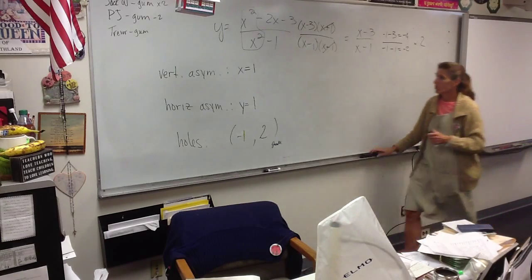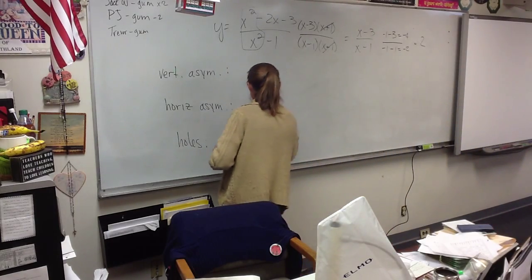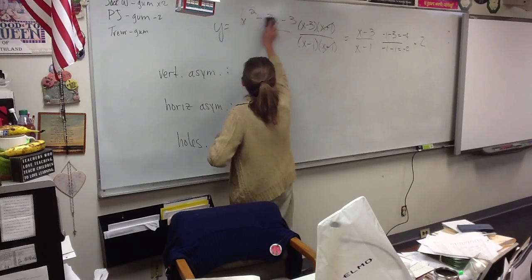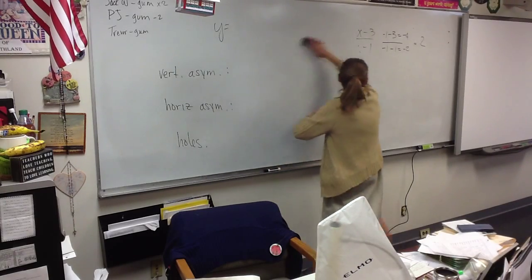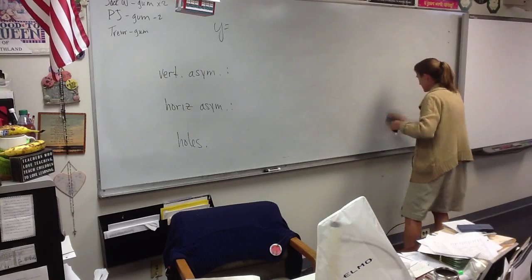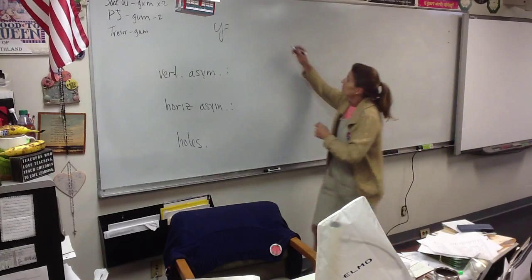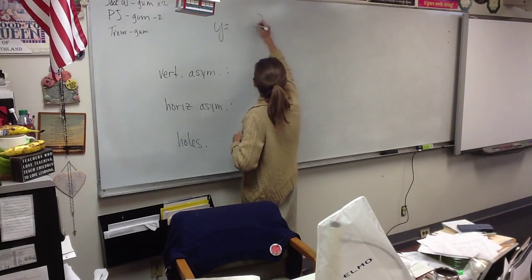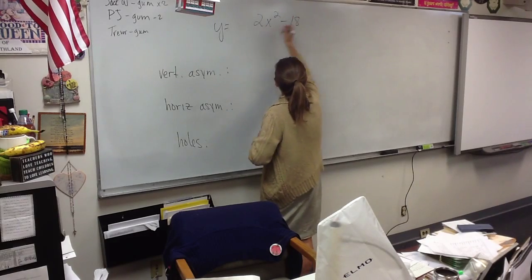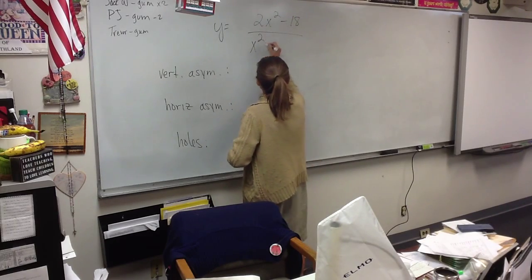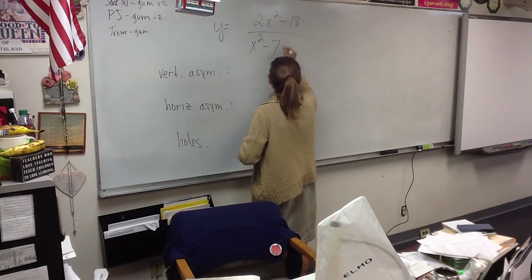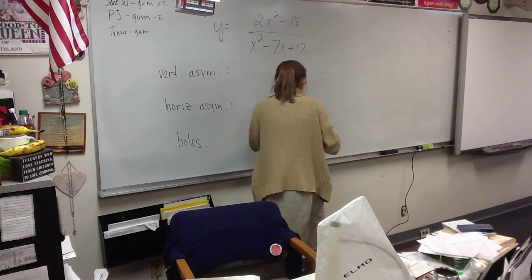Okay, let's try one more and then I'll be done for the day. We're going to do one more. So I need another volunteer. Thank you, Jordan, for being courageous. Okay, here we go.